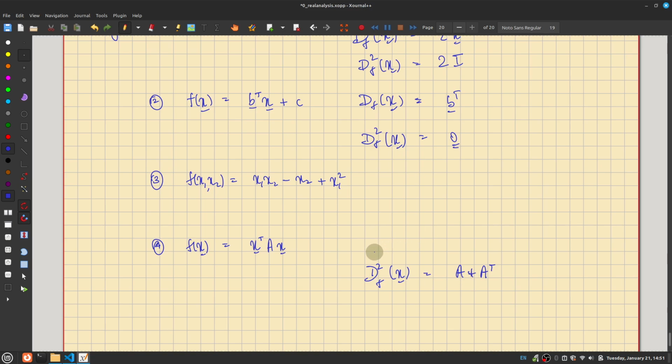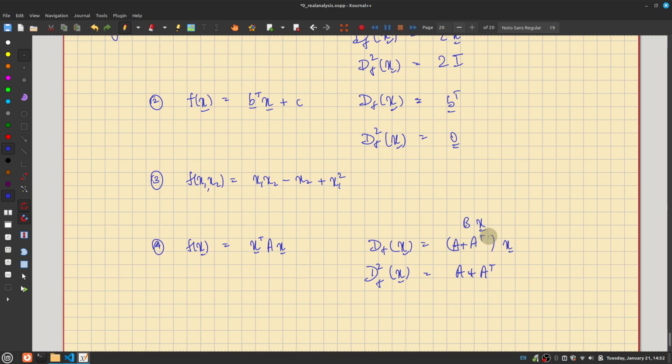The first derivative is x transpose times A plus A transpose, and we've seen previously that the derivative of some b transpose times x is simply equal to b transpose.